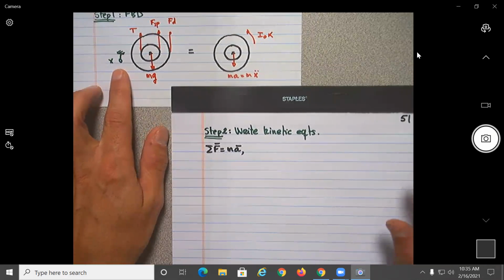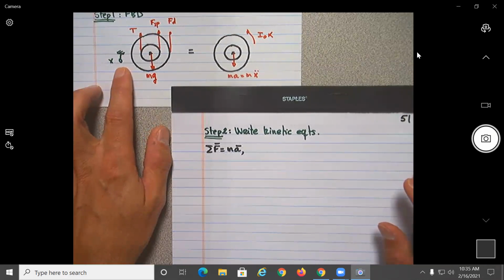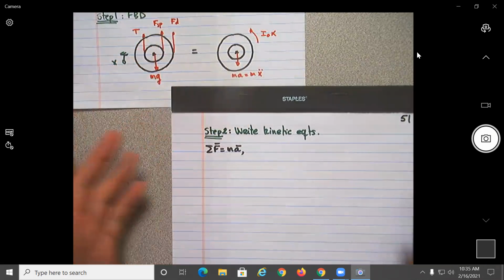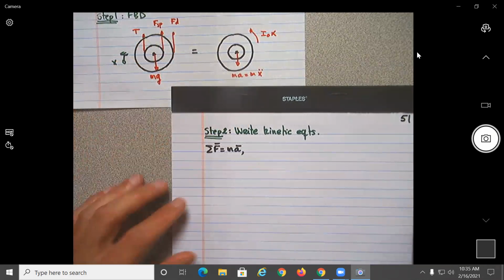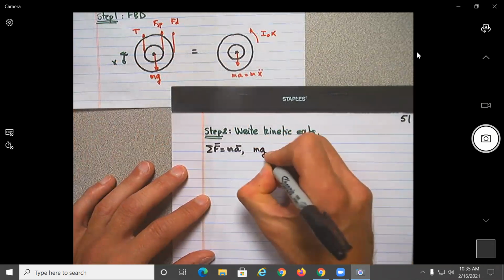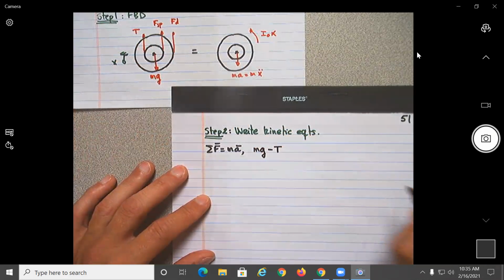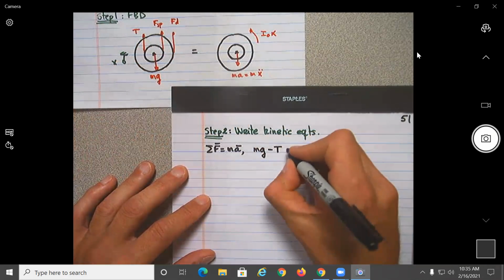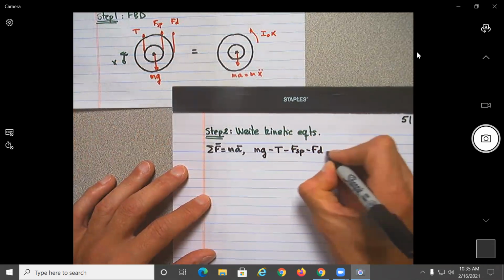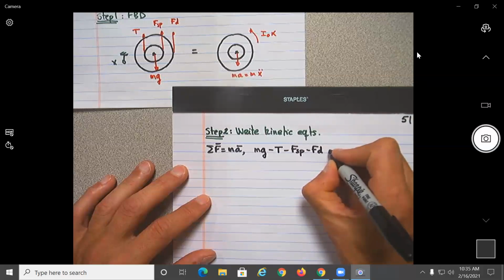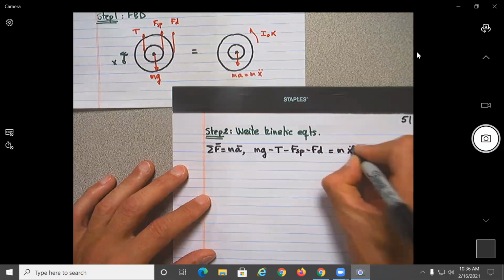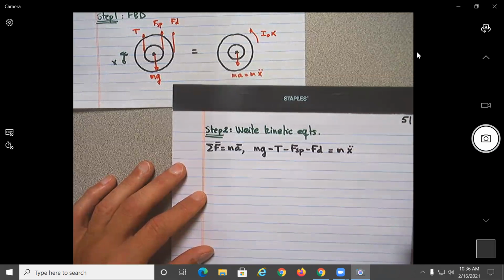In this case, what I selected for x positive will be going down, no? We can actually plot this up as well, but since I plotted down, let me change it. So what will you have? You will have mg will be positive minus T minus the force of the spring minus the force of the damper will be equal to what? MA, which is m x double dot.